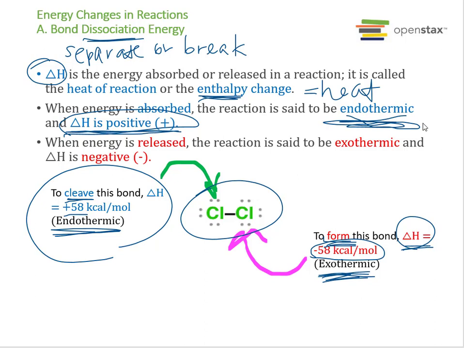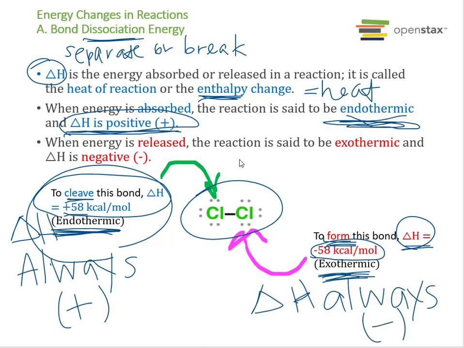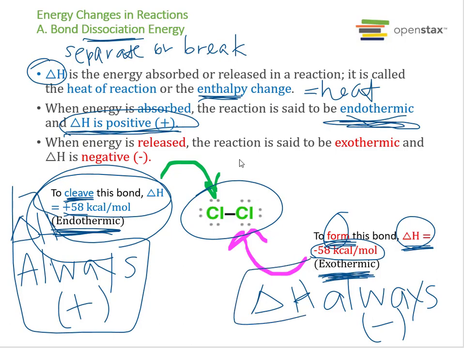And if we break a bond and it's an endothermic reaction, it is shown as a positive value. So again, whenever we have an endothermic reaction, whenever we are cleaving or breaking bonds, delta H will always be positive. And in reverse, whenever we form a bond and it's an exothermic reaction, delta H will always be negative.